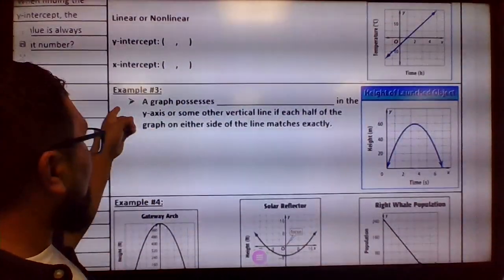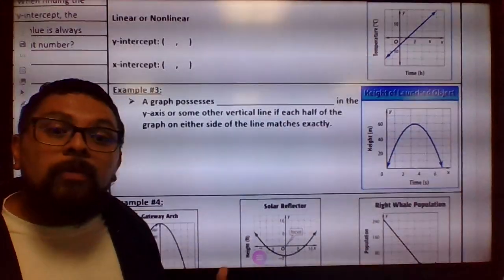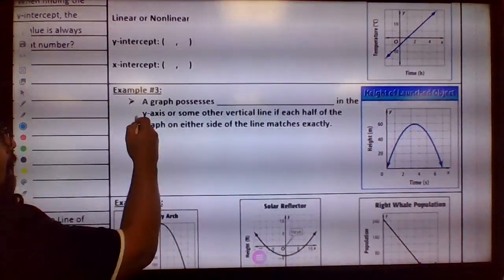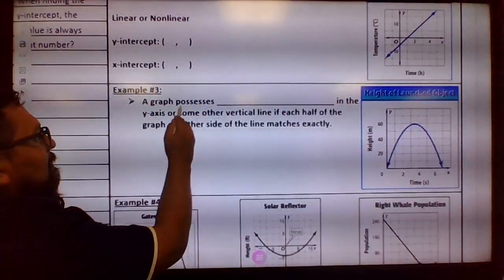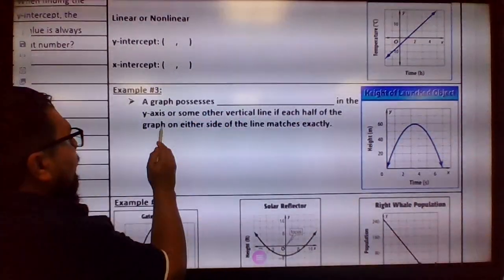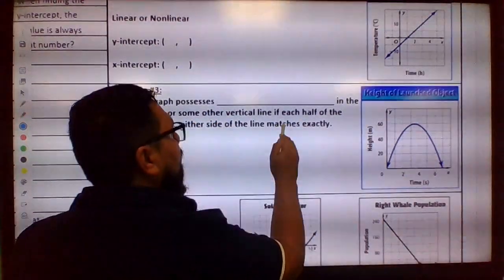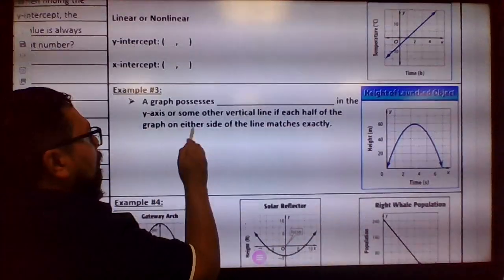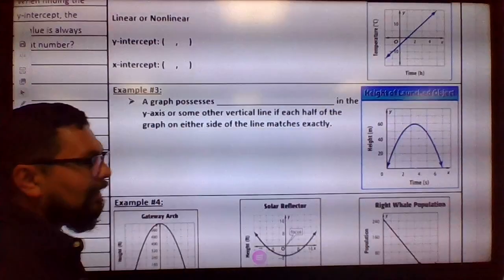So let's go on to actually reading what the question is, or what we're going to do today. A graph possesses blank in the y-axis or some other vertical line if each half of the graph on either side of the line matches exactly.